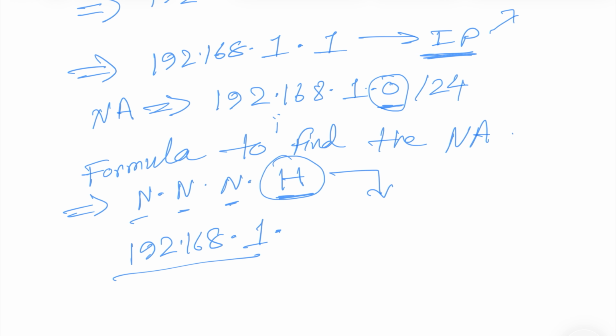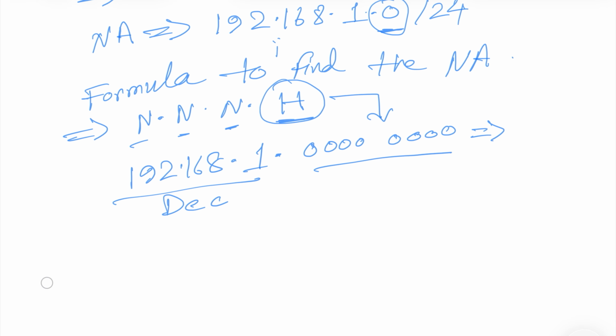I'm just writing this in decimal, I'm not converting into binary again and again. In the host bits, if you want to find the network address, you need to consider all host bits as zeros. So this is the network address.